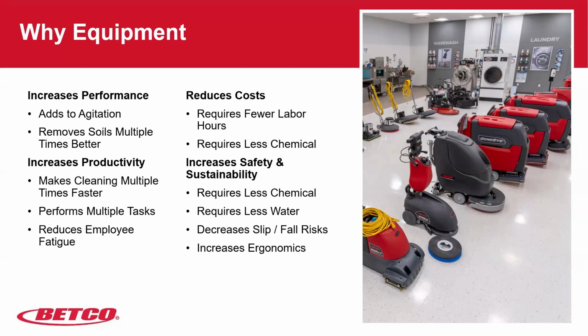Compared to wet mopping a floor, using a 20-inch auto scrubber or a 32-inch auto scrubber, depending on the size of the facility, you can obviously do it much better, much faster. Auto scrubbers and all kinds of equipment increase performance and productivity, reduce cost, and increase safety and sustainability. There's less chance for slip and falls, those types of things, and operator fatigue when we're using equipment.